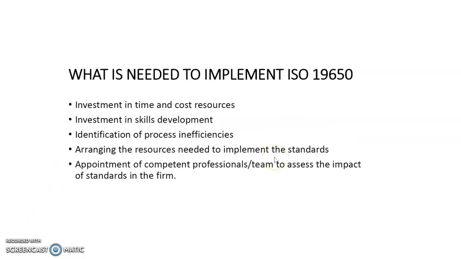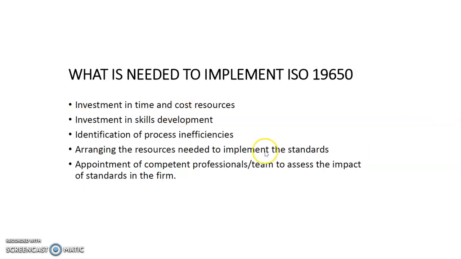So what does it take to implement the ISO 19650 standard, all 5 parts? Well, obviously it will require the company to put in the time, cost and resources. The company may need to develop the skills of the appointed person in charge of implementing the system across the whole company.